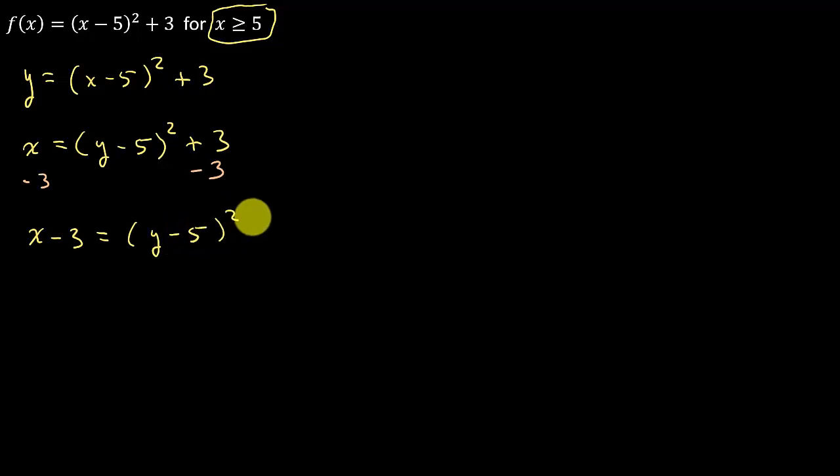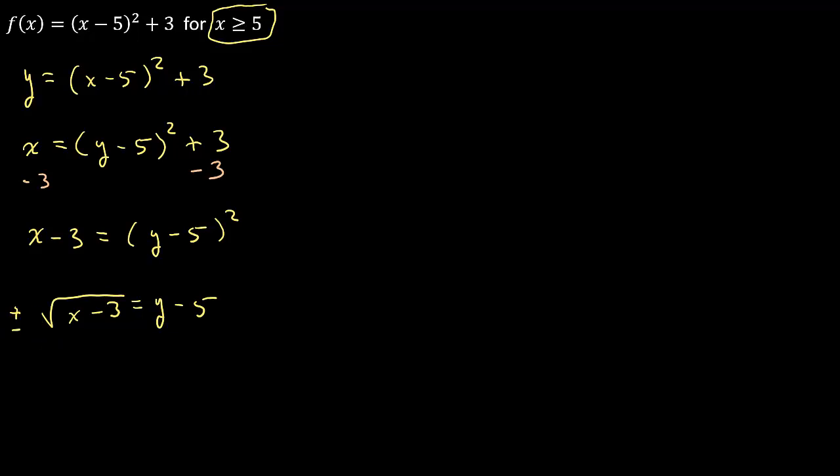Then we use the square root property, so I'm going to take the square root of both sides. That gives y minus 5 is equal to plus or minus the square root of x minus 3. Remember, we've used the square root property, so do not forget to put the plus or minus.